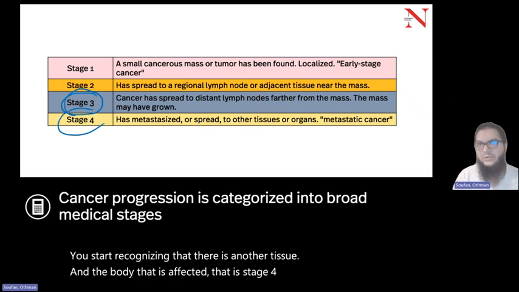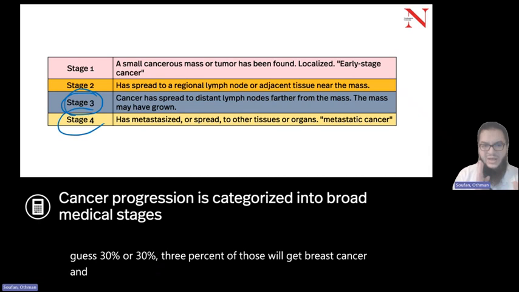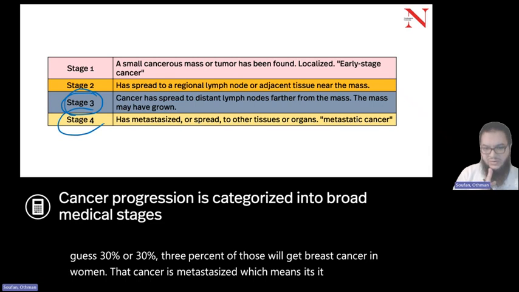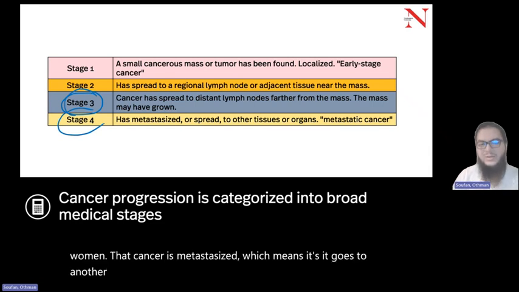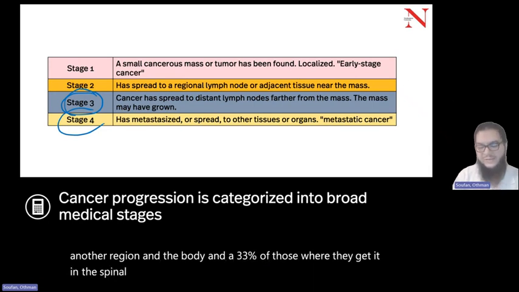Now, whenever you start recognizing that there is another tissue in the body that is affected, that is stage 4. So, for example, I guess 30% or 3% of those who get breast cancer, women, the cancer has metastasized, which means it goes to another region in the body, and 33% of those is in the spinal cord.